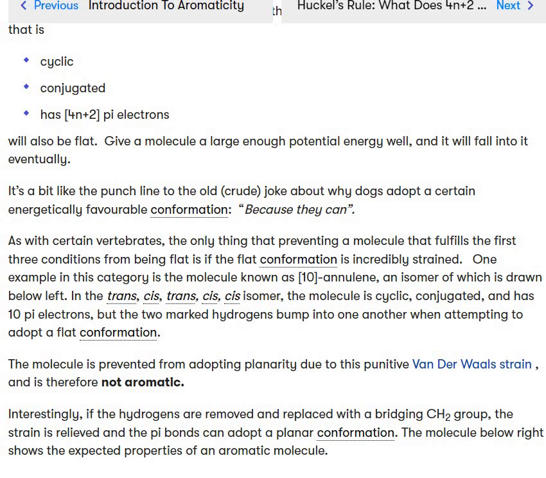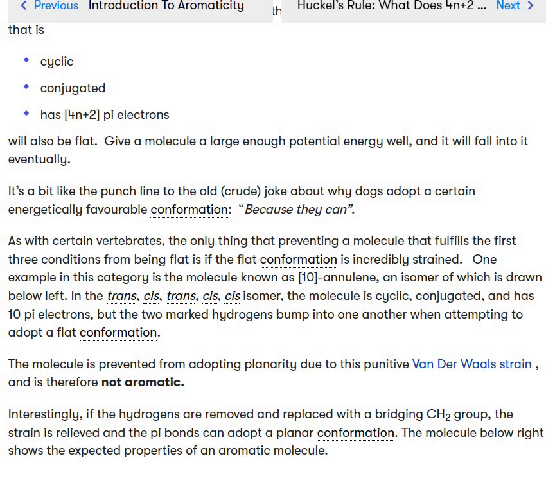It's a bit like the punch line to the old crude joke about why dogs adopt a certain energetically favorable conformation: because they can. As with vertebrates, the only thing preventing a molecule that fulfills the first three conditions from being flat is if the flat conformation is incredibly strained.